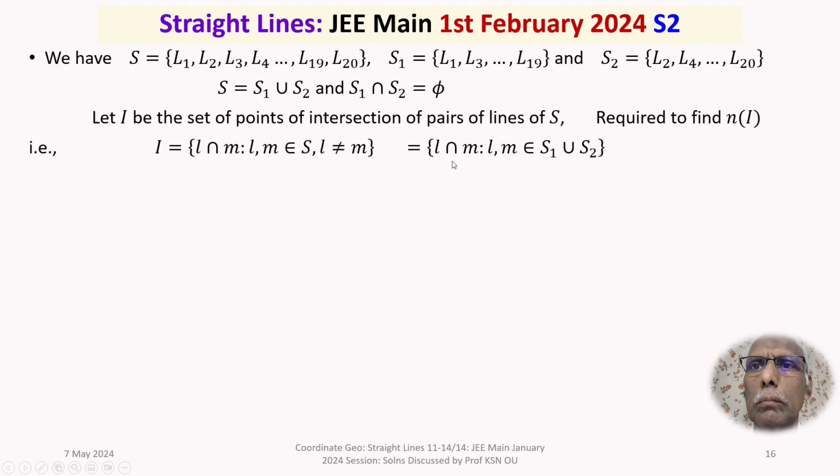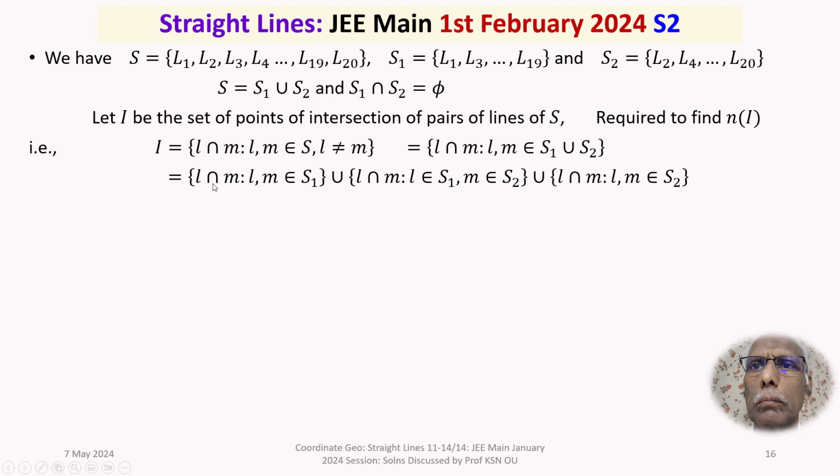This is L intersection M, where L and M belong to S1 union S2. This is equal to the set consisting of L intersection M, L and M both from S1, union the set consisting of L intersection M, L from S1 and M from S2, union the set consisting of L intersection M, L and M both from S2.